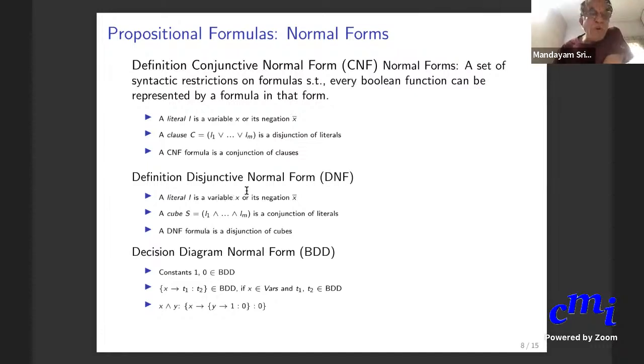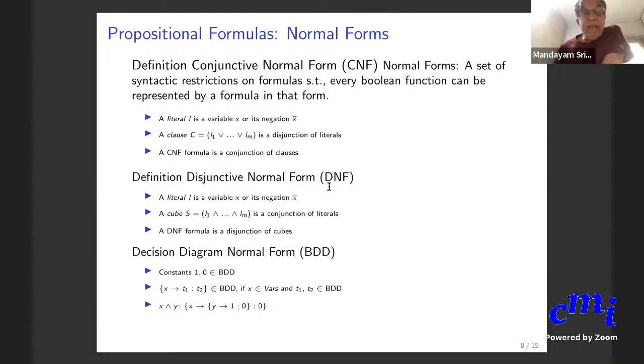A disjunctive normal form is the dual of the conjunctive normal form. Usually if you put formulas in normal form, it's easier to get a better handle on coming up with a method for deciding if a particular formula is satisfiable or valid. So putting them in these normal forms aids in coming up with algorithms for deciding Boolean satisfiability.